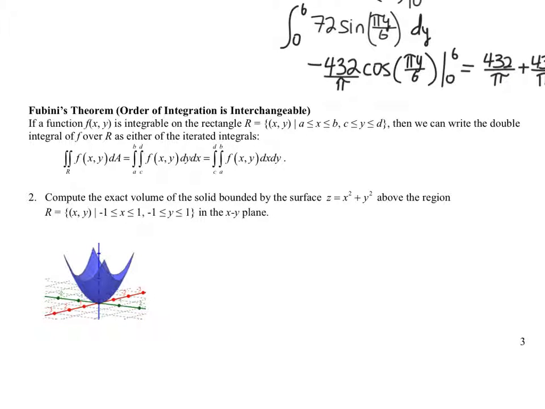In the case of this one here, we're saying you want to be bounded by the surface above the region in the XY plane. So you're not integrating through something that's parallel to a particular plane. We just want the region. It's just defining what region you're trying to find the volume of.